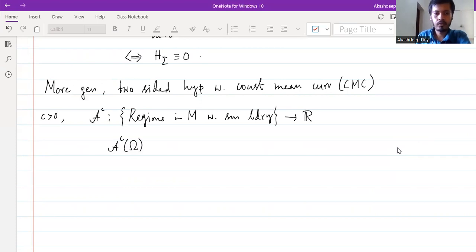So let omega be a region in M, then A^c(omega) is equal to area of the boundary of omega minus c times volume of omega.